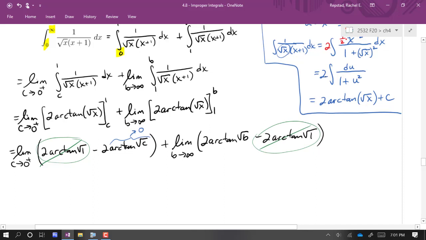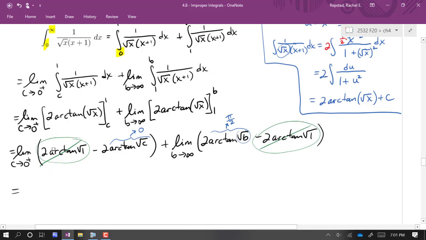The other arctan, as b approaches infinity, the square root of b also approaches infinity, and so the argument inside of arctan is blowing up, and we know from what we did a couple, two or three examples ago, that this arctan is approaching pi over 2. And of course there's still a factor of 2 there. So this limit is equal to, and in fact maybe I should bring these down.